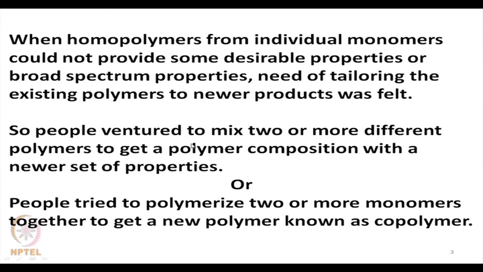So, people ventured to mix two or more different polymers to get a polymer composition with a newer set of properties, or people tried to polymerize two or more monomers together with the other monomers to get a new polymer known as copolymer.